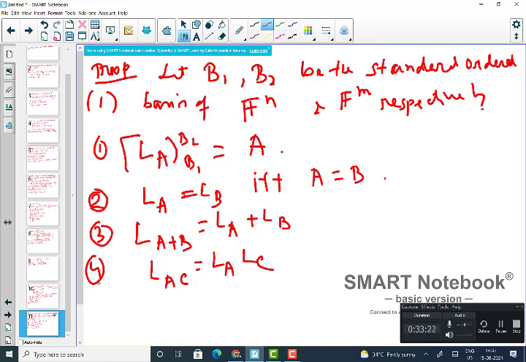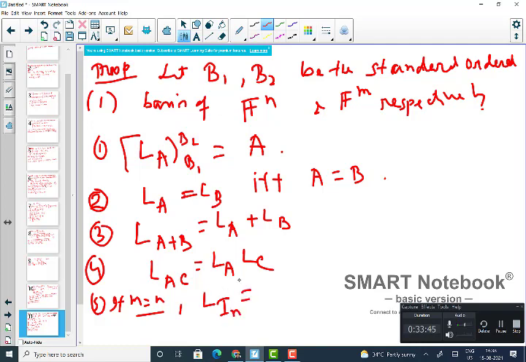And when m and n are the same, same dimension, then what happens with respect to the identity matrix? Suppose A equals the identity matrix on dimension n, this is exactly what?